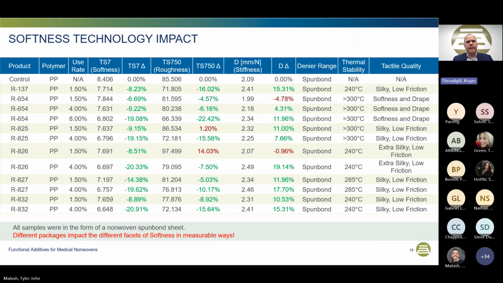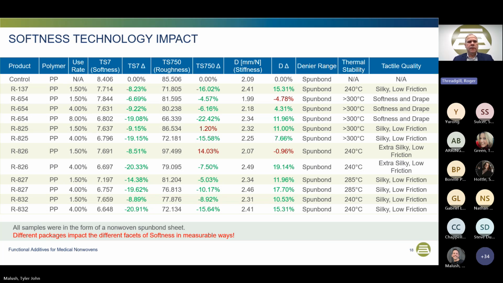These were made by running the same material at a higher weight. And if you go back to our initial design criteria for softness, we also have thermal stability, as well as the subjective tactile quality that you should be able to experience as an observer or tester on this material yourself.